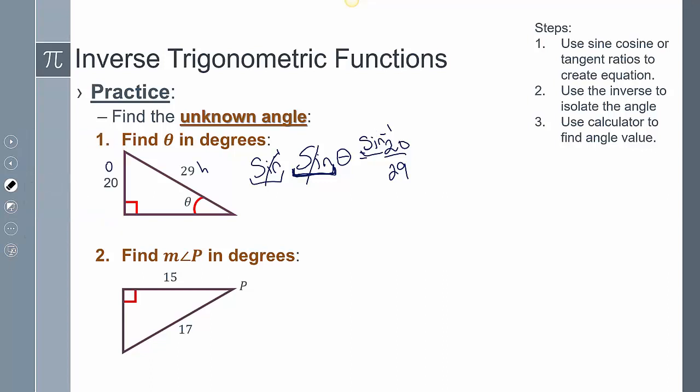So that sine inverse and that sine cancel out, and I'm left with theta. And so I'm going to get theta equals sine inverse of 20/29. Now entering that into my calculator, remember it says in degrees, so that means I need to switch my mode to degrees. This is going to give me 43.6 degrees.